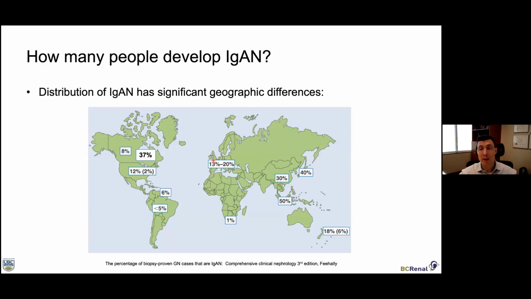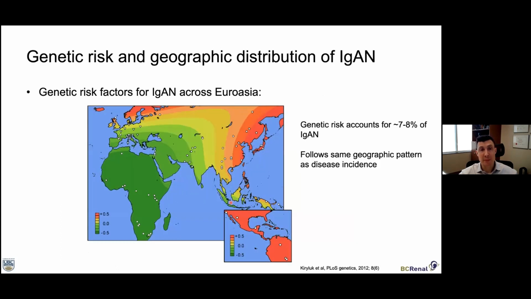Whereas it's more around 20% in Europe and North America, and it's distinctly uncommon in sub-Saharan Africa. Now, this is not the same thing as describing the number of people diagnosed with IgA nephropathy each year, but it does give you some indication that there are very prominent geographic differences in the distribution of the incidence of IgA nephropathy. So why might that be?